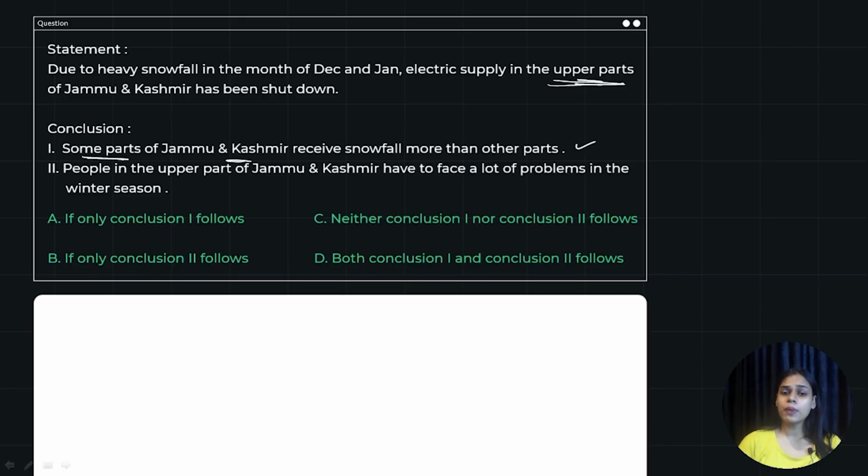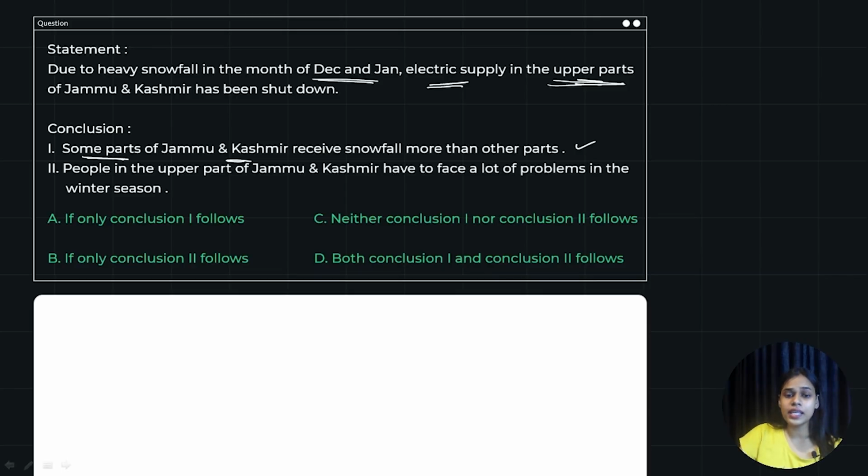Second, people in the upper part of Jammu and Kashmir have to face a lot of problems in the winter season. Yes, this statement also follows. Why? Because we can say that electrical supply has been shut down and that is a reason for problems, especially in the winter season, because December and January have been mentioned over here. So we can say that both conclusion 1 and 2 are following.